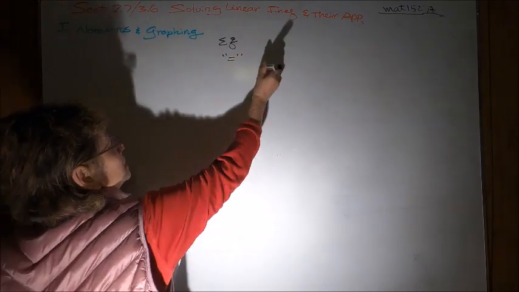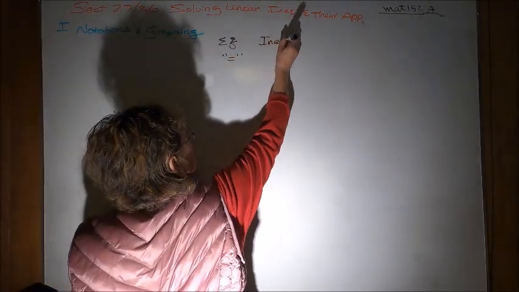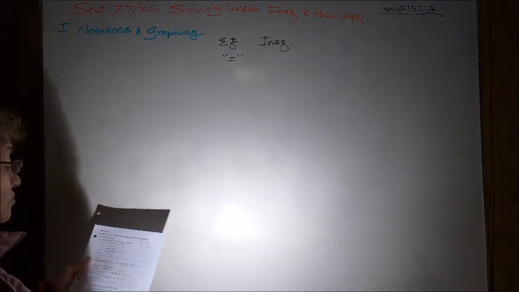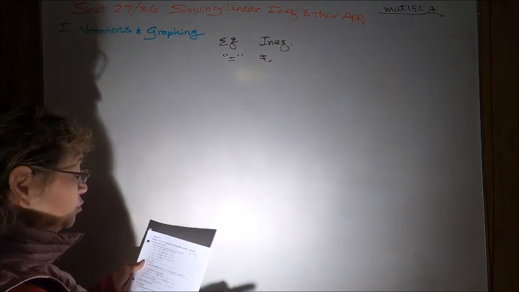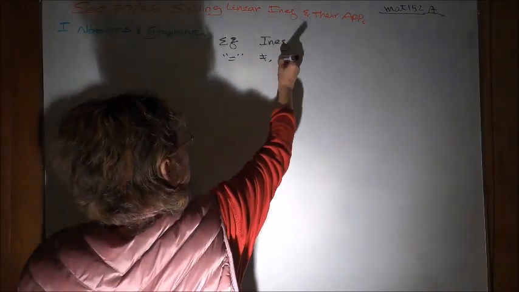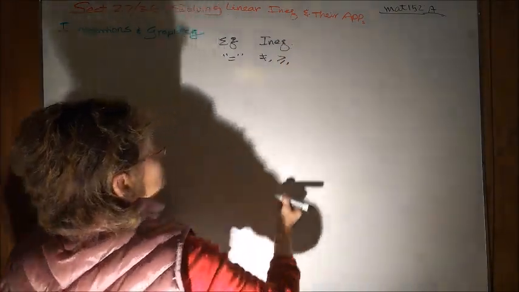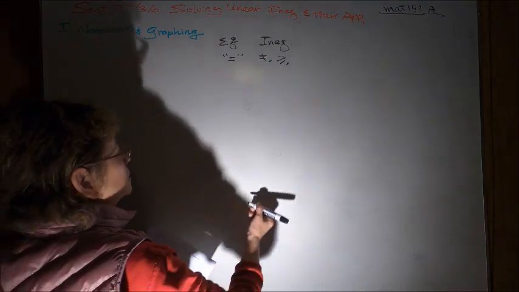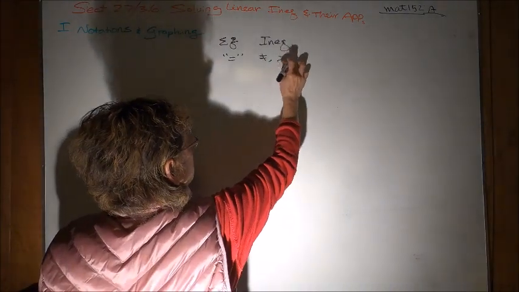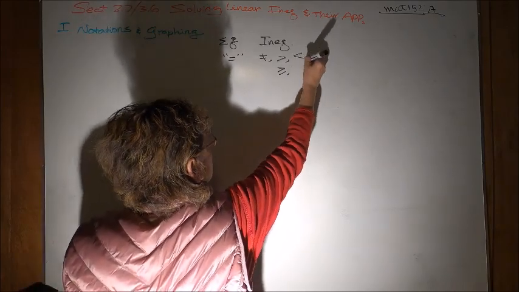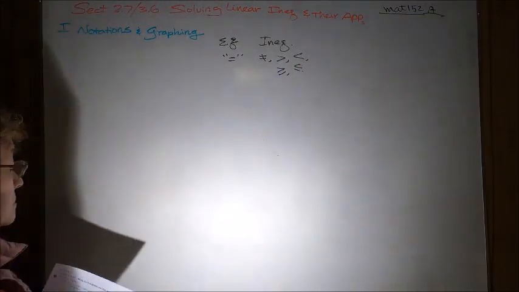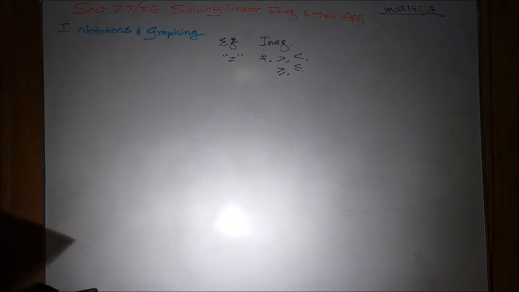Equation, right? And for inequalities, what kind of symbols do you use? We say not equal, right? And greater than, greater than or equal to, and less than or equal to. That's the symbol we use for inequalities.